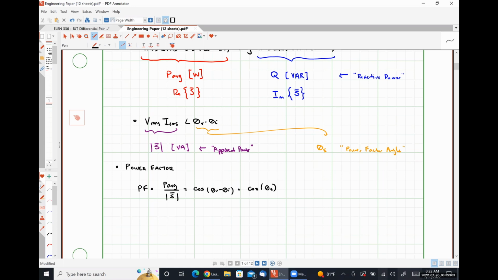The worst case scenario is when a power factor is 0. Power factor is 0 when we have a purely reactive load and effectively none of the complex power that is being delivered to the load is being used to perform any work. All of it is getting sent back and forth between the source and the load.